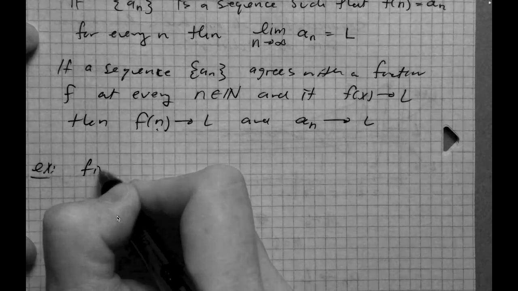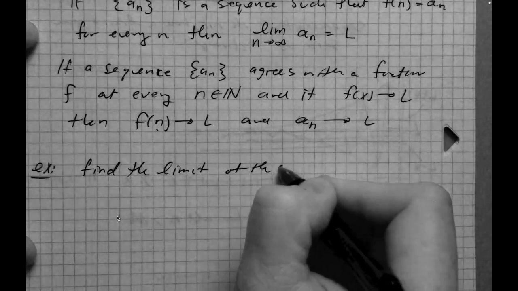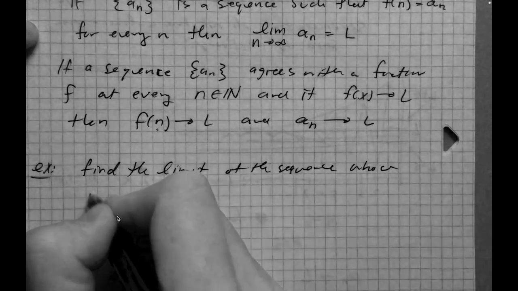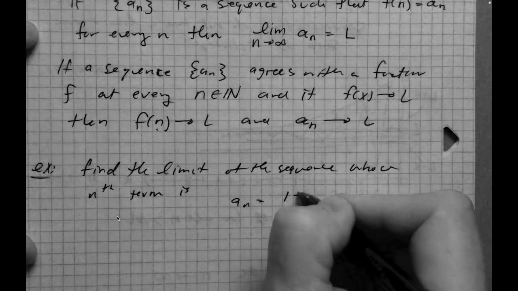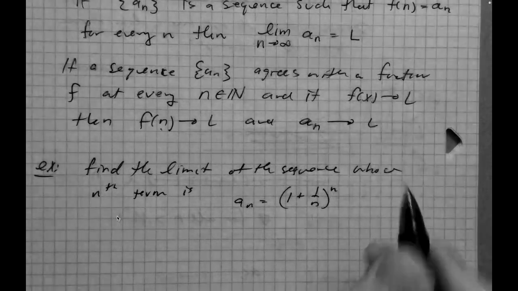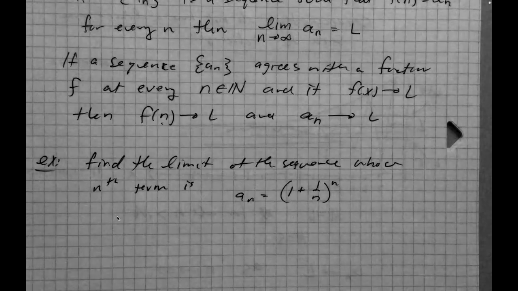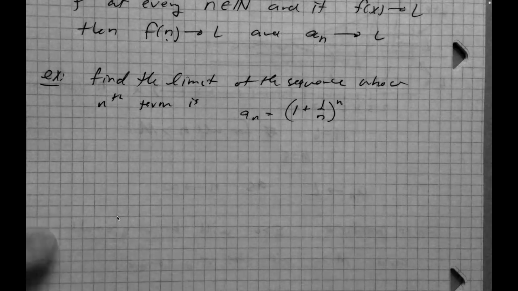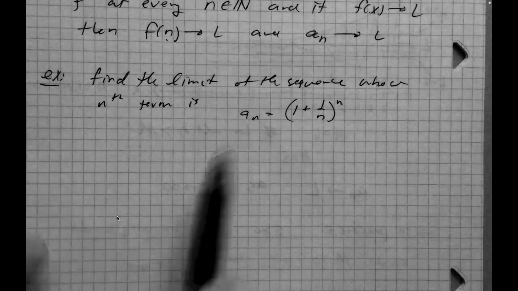Let's say we want to find the limit of the sequence whose nth term is a of n equals 1 plus 1 over n to the nth power. If you're watching these in succession, you may recall that when we discussed L'Hopital's rule, we saw a function that looked just like this.